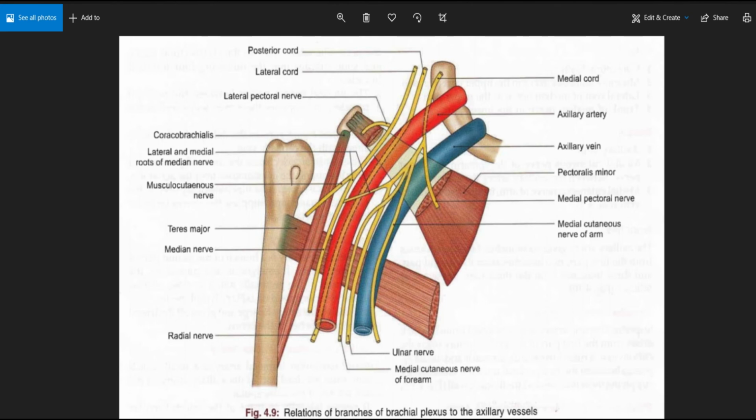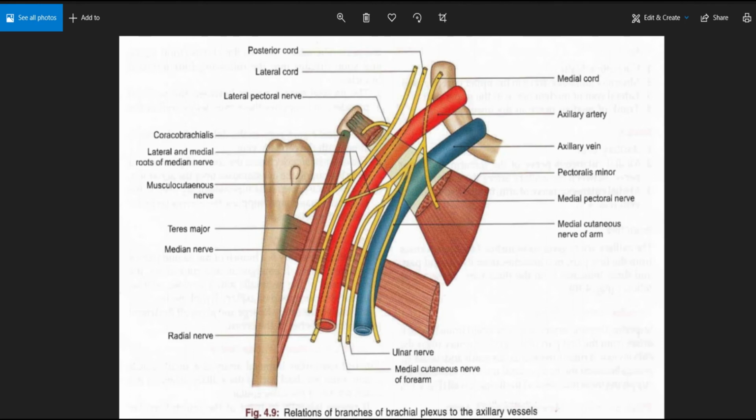So we know that the lateral chord gives the lateral root of the median nerve. So that is a lateral relation for the third part. It also gives the musculocutaneous nerve, which is also a lateral relation for the third part. Medial root of the median nerve: remember, I had said that there is an anterior relation for the third part of the axillary artery.